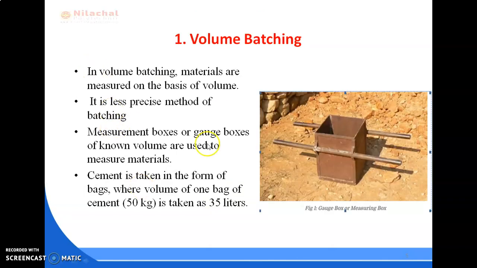So first is volume batching. In volume batching, materials are measured on the basis of volume. So it is a less precise method of batching. Here measurement boxes or gauge boxes of known volume are used to measure the ingredients or materials. The figure shows the gauge box or measuring box.